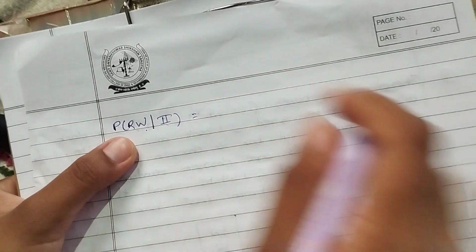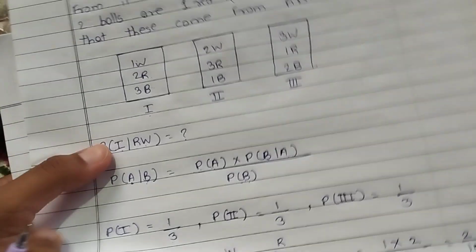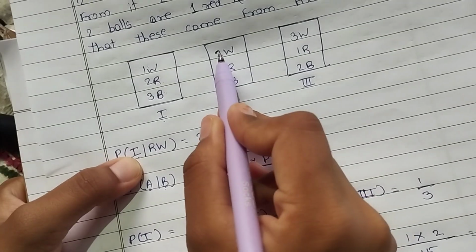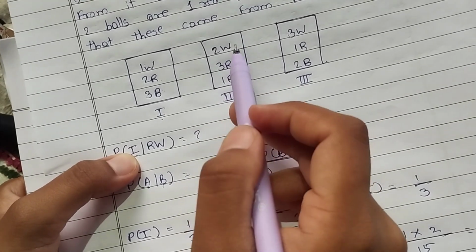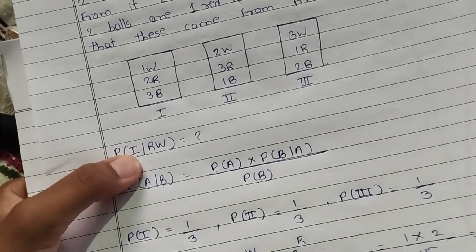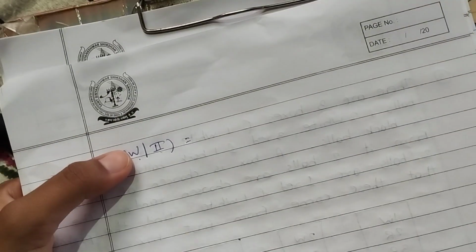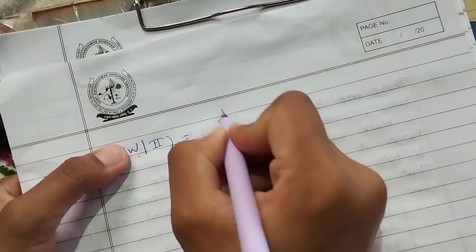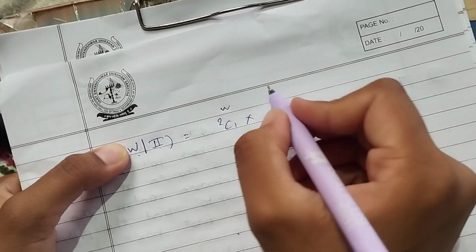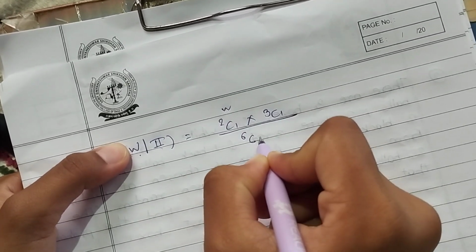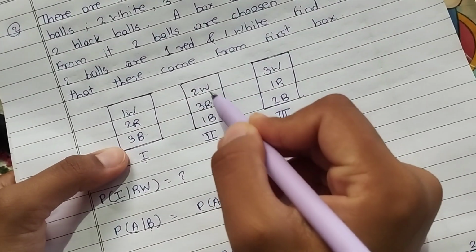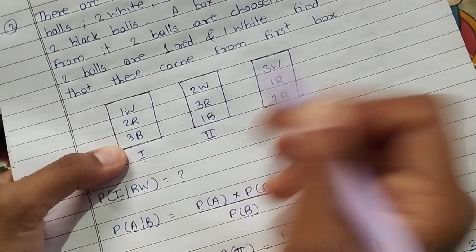Now see, in the second box there are 2 white balls and 3 red balls, and we select one ball of each. So 2C1 for the white into 3C1 for the red, divided by 6C2, because a total of 6 balls are present: 2 plus 3 is 5, plus 1 is 6.